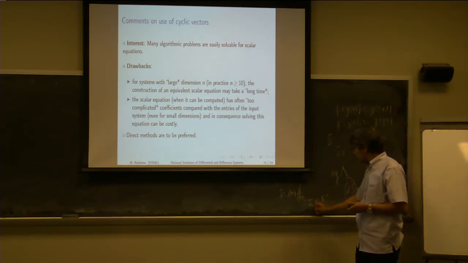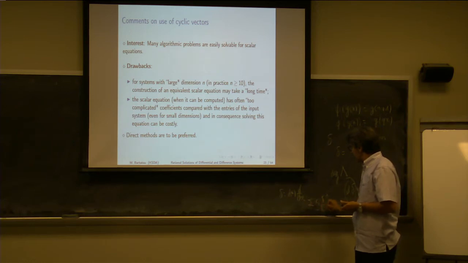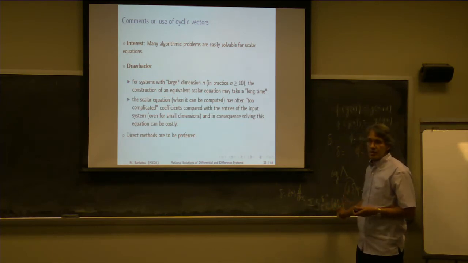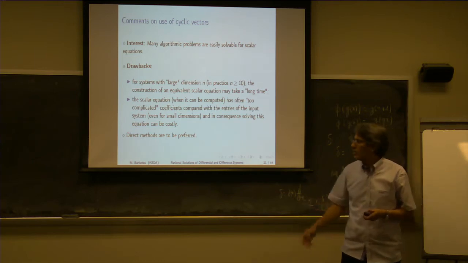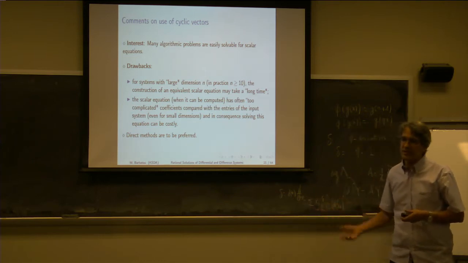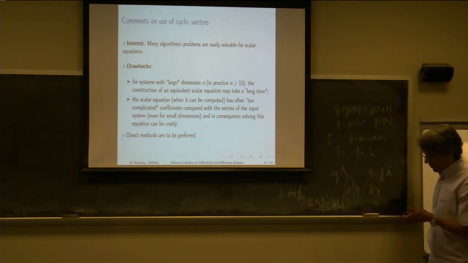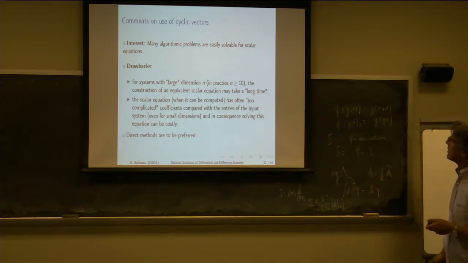And this can be rewritten as psi tilde in d over dx. So the goal is to get a single differential equation. Whatever the derivation is, it's not a matter. So you can deduce this kind of estimate for any system.